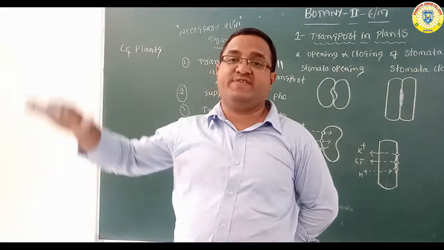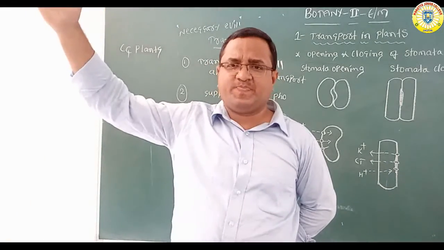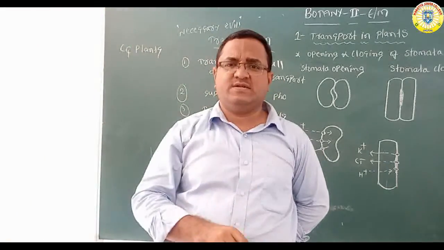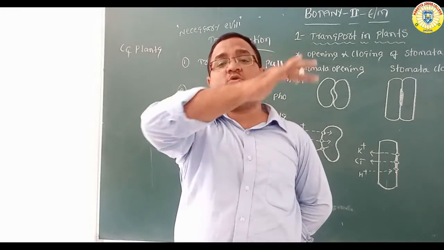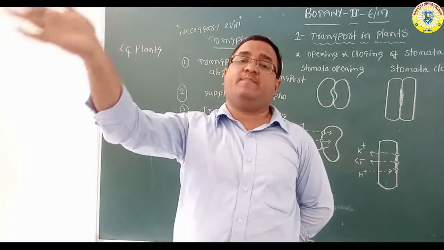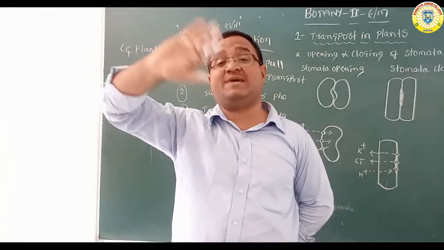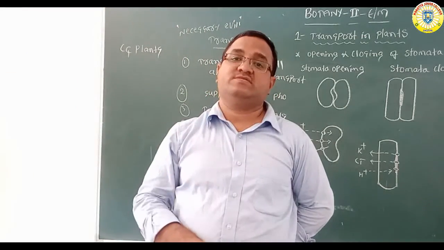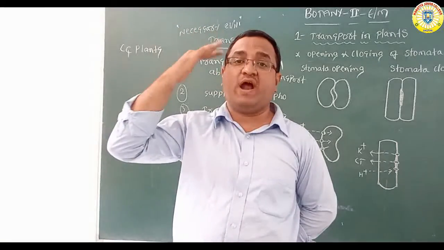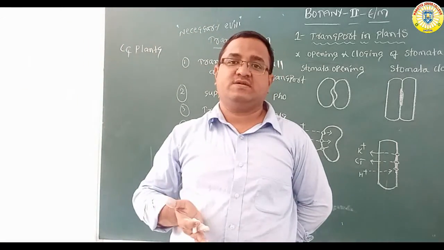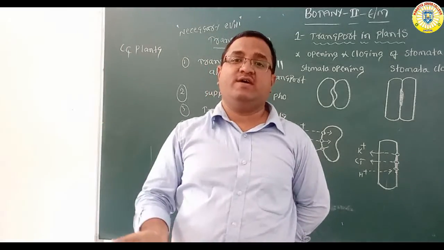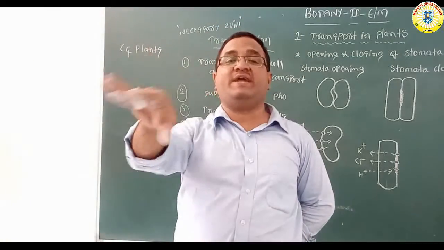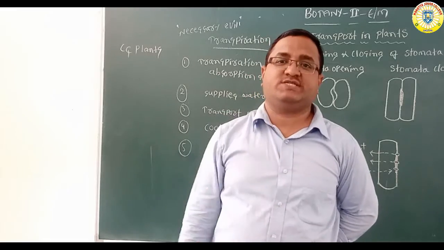How much water do they need for fixing the carbon dioxide? Only half. So C4 plants need only half the water compared to C3 plants for fixing the same amount of carbon dioxide. And C4 plants are quite efficient compared to C3 plants. The C4 photosynthetic system is very useful for maximizing the availability of carbon dioxide and minimizing the water loss.